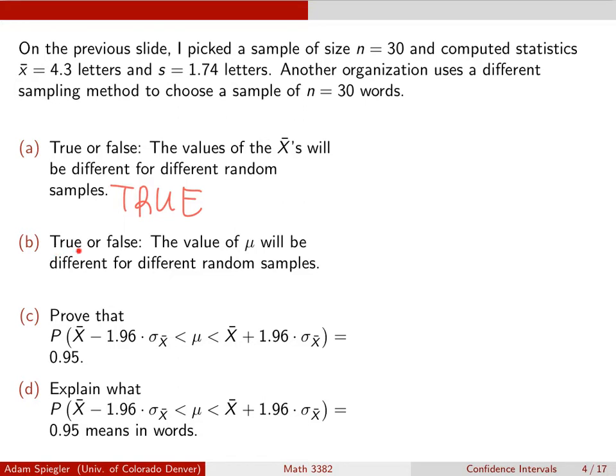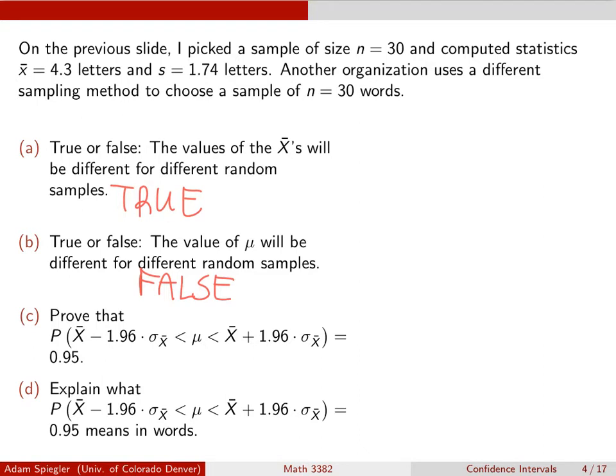The next part B is saying true or false, the value of mu, which is the population mean, will be different for different random samples. And that is a false statement. The population mean is what it is. We have all of these words in Raspberry Beret, and if we had access to all of that data, we could calculate the actual mean letter length of all words in Raspberry Beret.